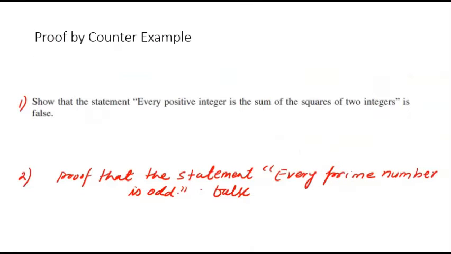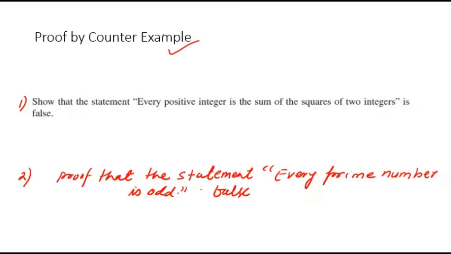Next thing that we are going to talk about is called proof by counterexample. Okay, so proof by counterexample is a very powerful method to prove a mathematical statement, and this is also very practical application based. In our day-to-day life also, sometimes we face a situation where we judge people based on one instance, right?